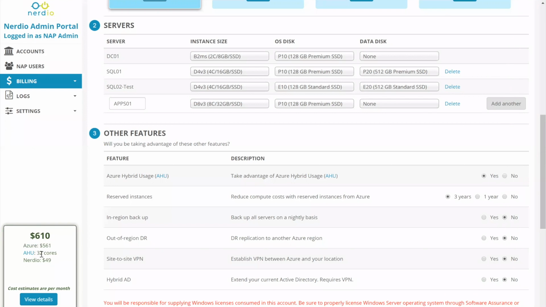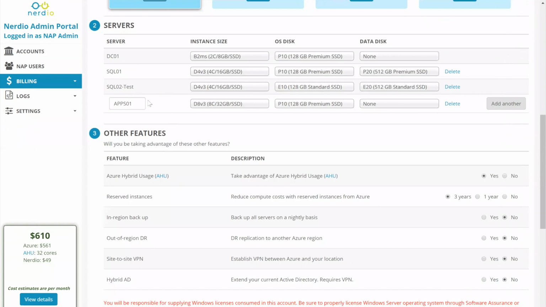And here's how this works. If you're buying Windows Server through a CSP software subscription and taking advantage of Azure hybrid usage, the way you buy Windows is in packs of 8 cores, and each pack of 8 cores can cover one VM of up to 8 cores. What does that mean?